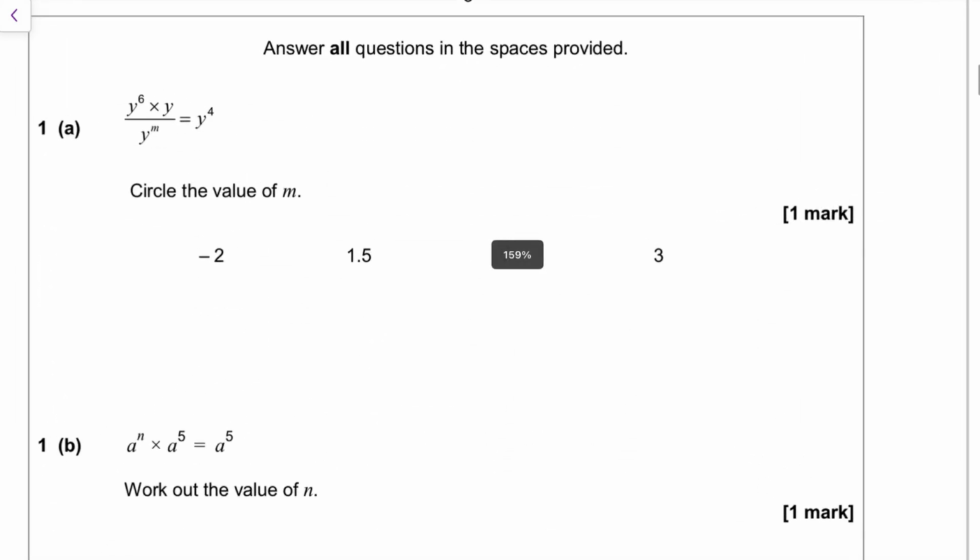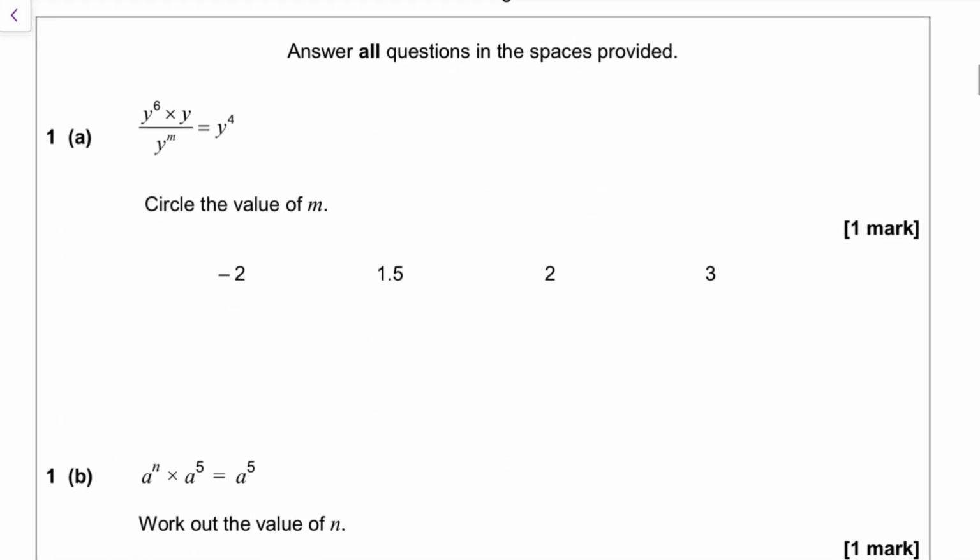Right, first question. Now, I'm going to try and keep the working near the question, so I won't always use the space provided, if only so you can continue to see the question. But in these first few questions, it's not too bad, is it? I've got a load of space, and so therefore I should be able to fit it in. So this is an index rules question, and I'm going to do a lot of these questions almost straight off. I'm going to talk through them, but kind of do them in one go where I can.